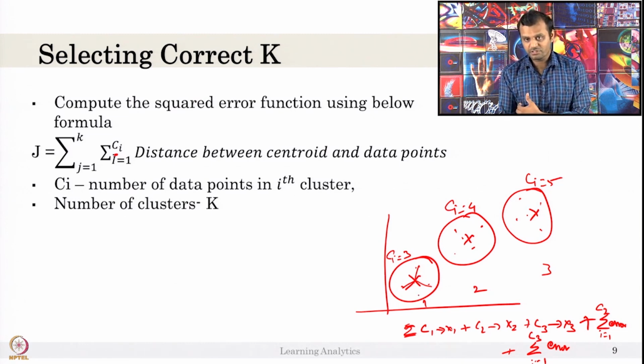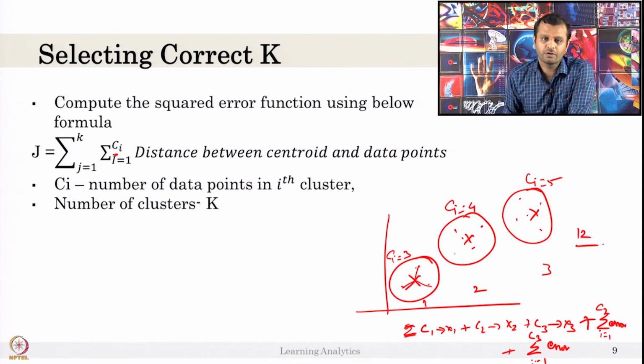You can create more clusters. If you create more clusters, the distance might even reduce further. So, just a quick question, consider I have 3 plus 4 plus 5, 12 data points, right. What if I choose k equal to 12, what will happen?